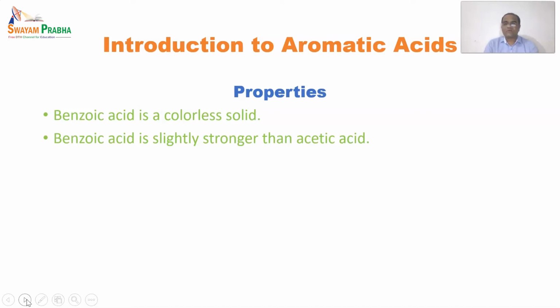Benzoic acid is slightly stronger than acetic acid. So what is the reason behind it? We saw in the last session that aliphatic amines are stronger than aromatic amines, but here the case is different: benzoic acid is slightly stronger than acetic acid.